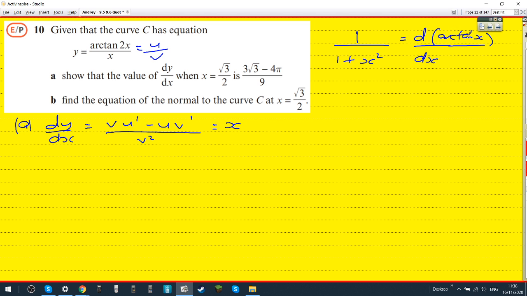The derivative of arctan x is 1 over 1 plus x squared. Any idea what will be the derivative of arctan 2x?